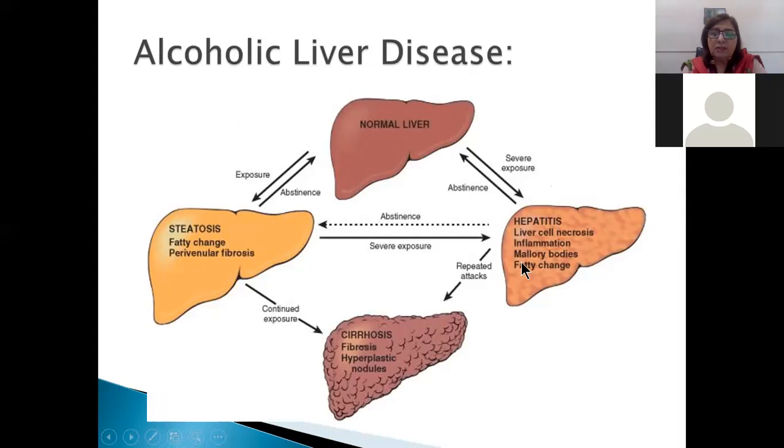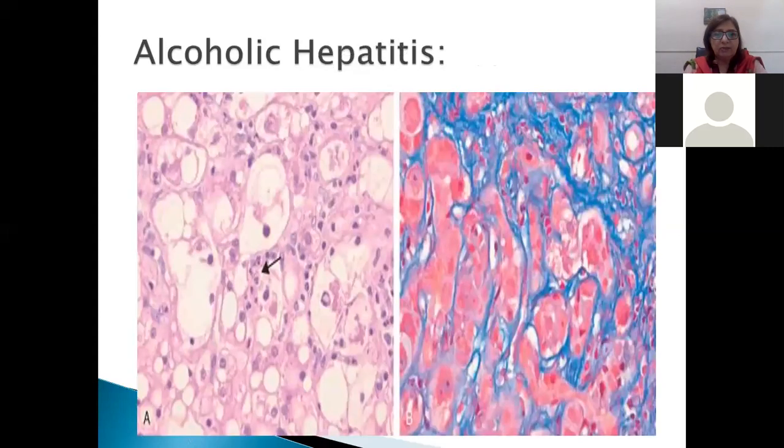If the person continues to take alcohol, repeated attacks will lead to cirrhosis of the liver with fibrosis, and hyperplastic nodules can be seen. If there is abstinence at this stage, this can go back to steatosis, and with abstinence again, it can go to a normal liver. This stage can also go to a normal liver. But once cirrhosis develops, it will not go back to a normal liver. So these are the stages in alcoholic liver disease.